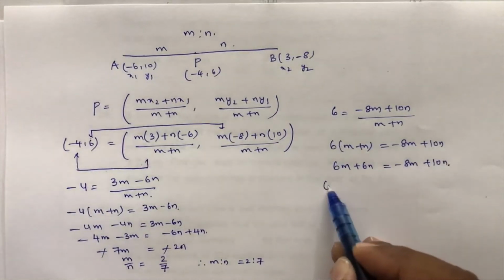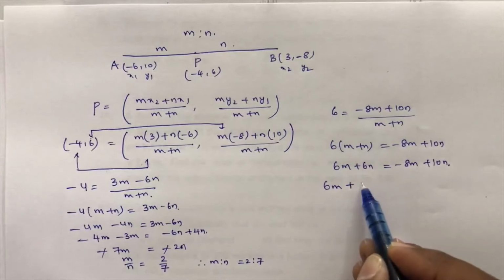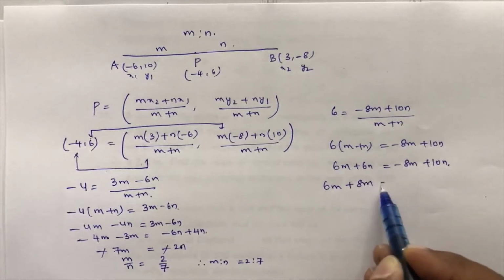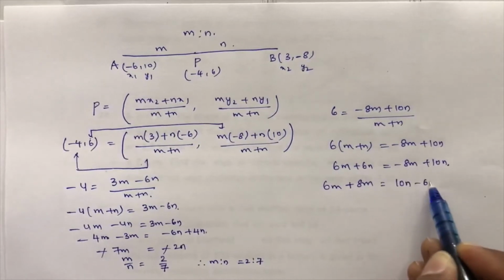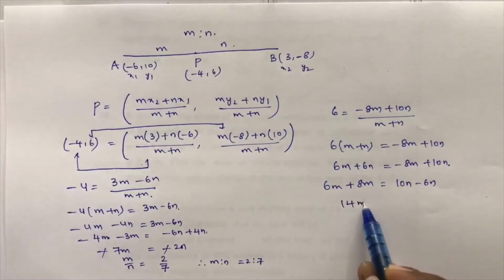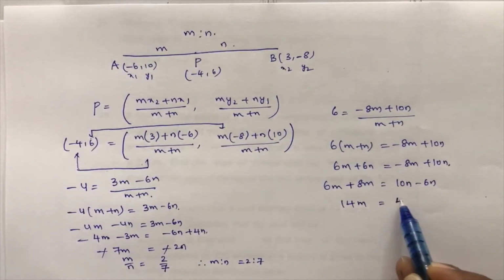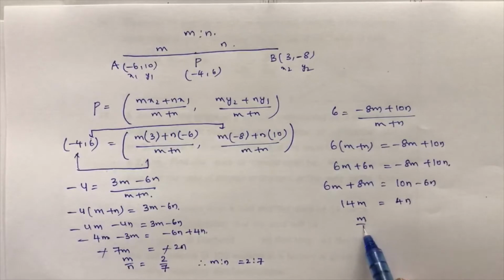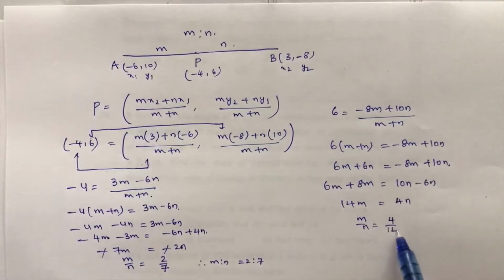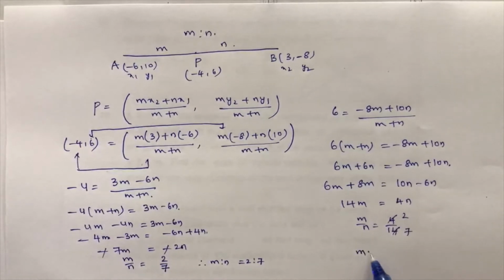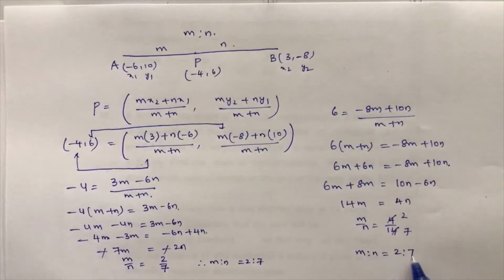If you write like terms one side, 6m plus 8m, 10n minus 6n. So this is 14m and here it is 4n. So m by n is 4 by 14. So 2 times 2, 2 times 7. So m is to n is 2 is to 7.